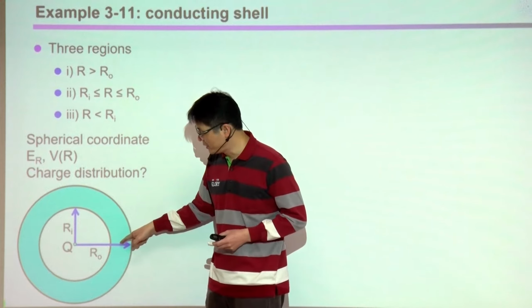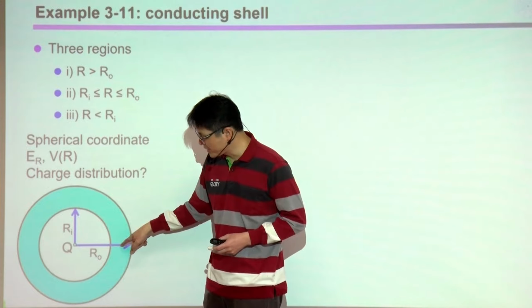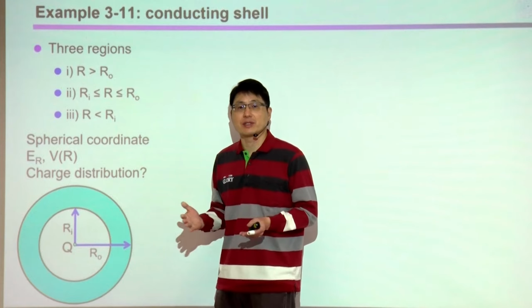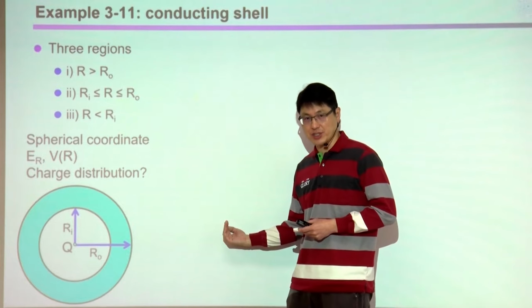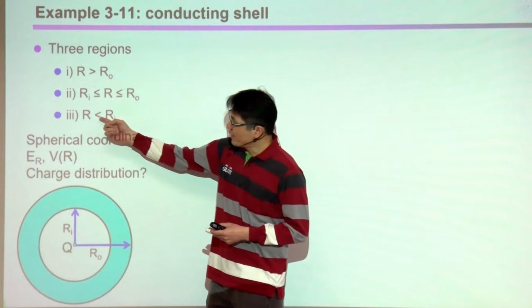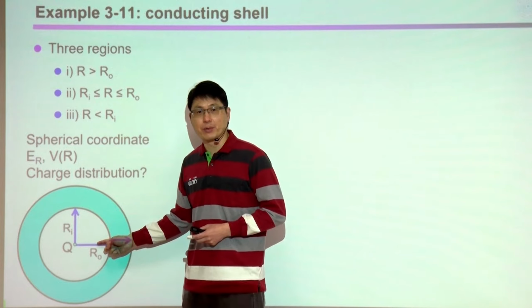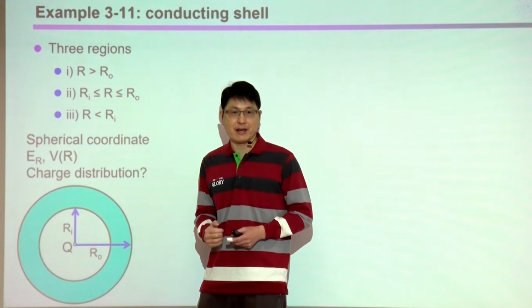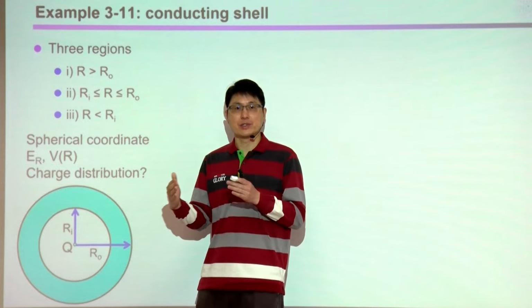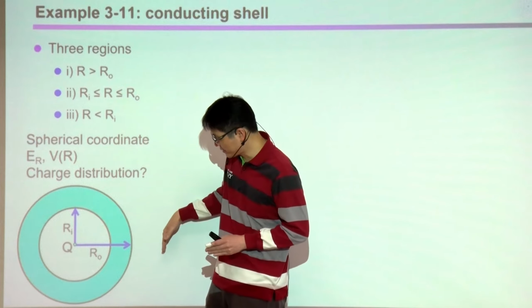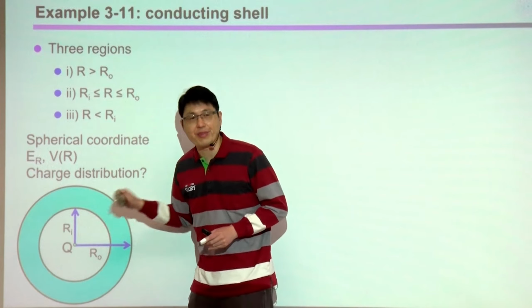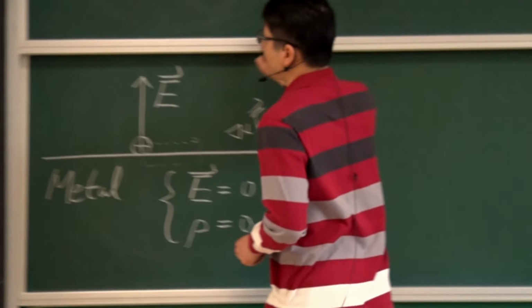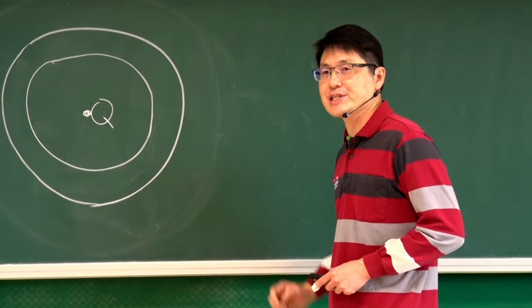Magically, don't ask me why, but if you have an observation point inside the shell, then the result should be very different compared to outside of the shell. Third region is when your observation point is inside the cavity of the shell. So we are going to classify the analysis into 3 different spatial regions: outside, inside the shell, and within the shell.